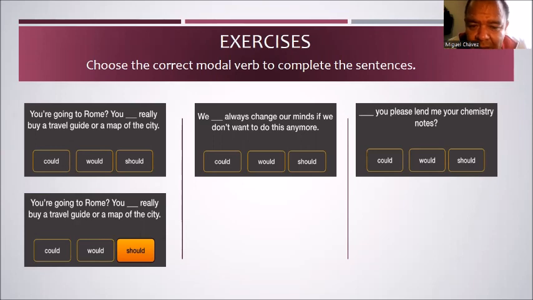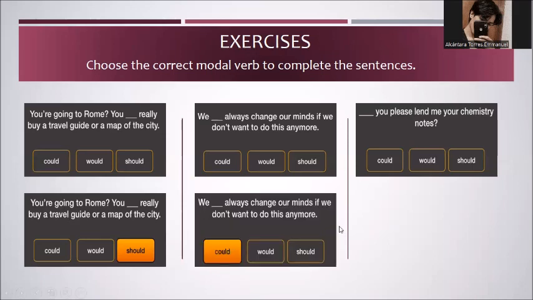Remember, we are learning. It doesn't matter if we are incorrect. We could always change our minds if we don't want to do this anymore. Yes, Emmanuel, thank you. Good. Yes, we could always change. Thanks a lot, Emmanuel, again. Thank you. Another volunteer, please, for the next.